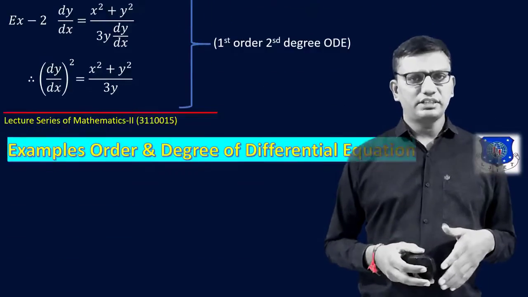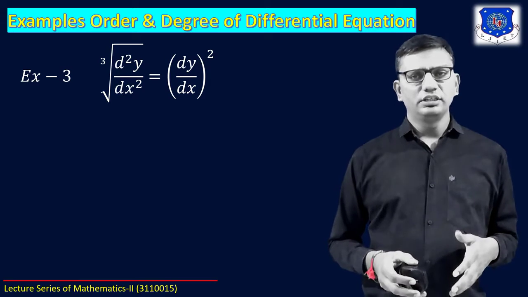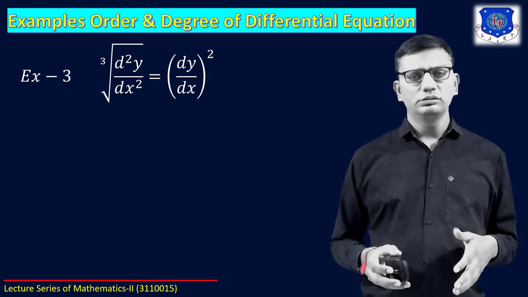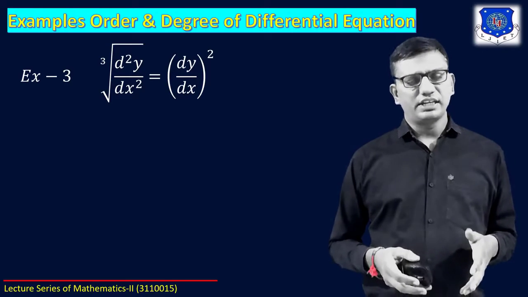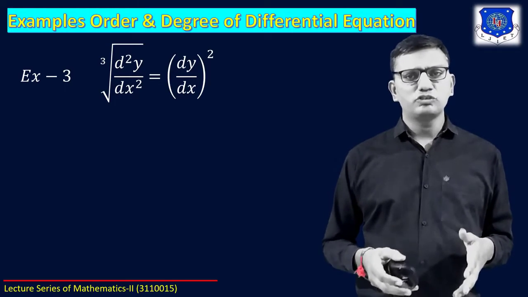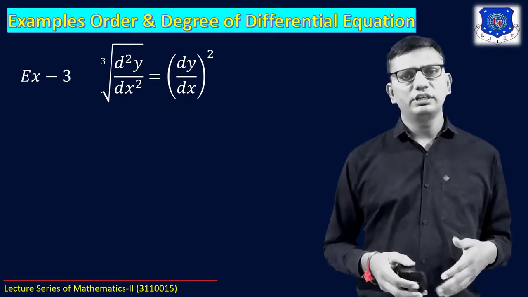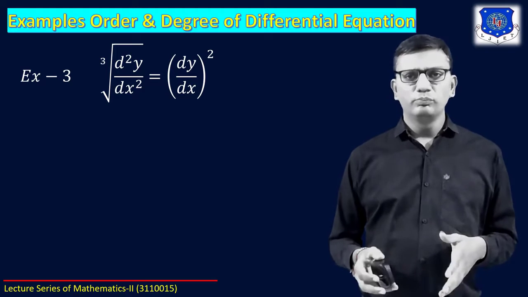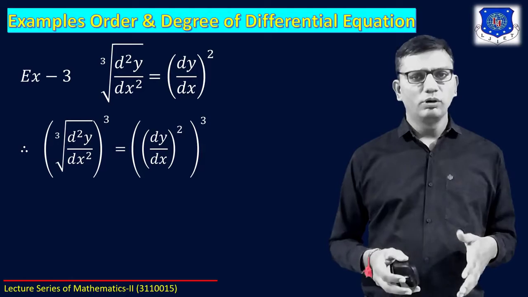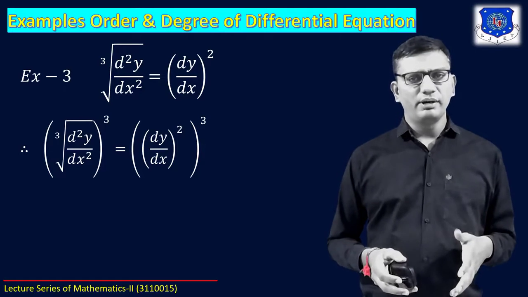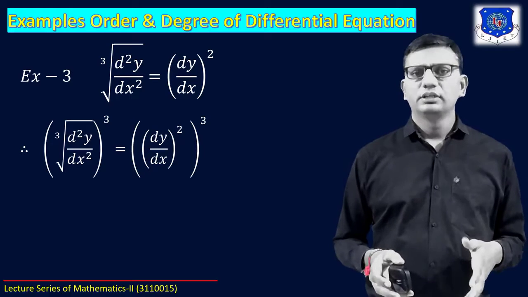In the next example, we are taking cube root of d square y by dx square equal to dy by dx whole square. Here on the left hand side we have a second order derivative and its power is 1 by 3. It's a fractional power, so we have to remove it. So take the cube on both sides. Then we have cube root of d square y by dx square, whole cube, equal to cube of dy by dx square.